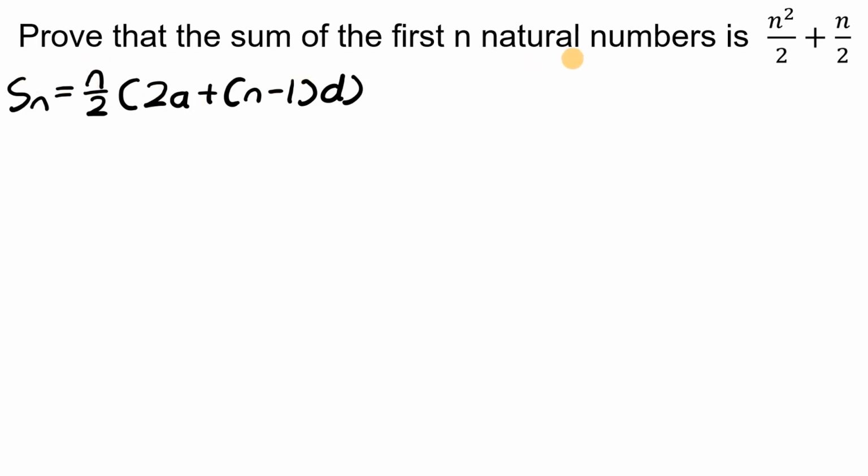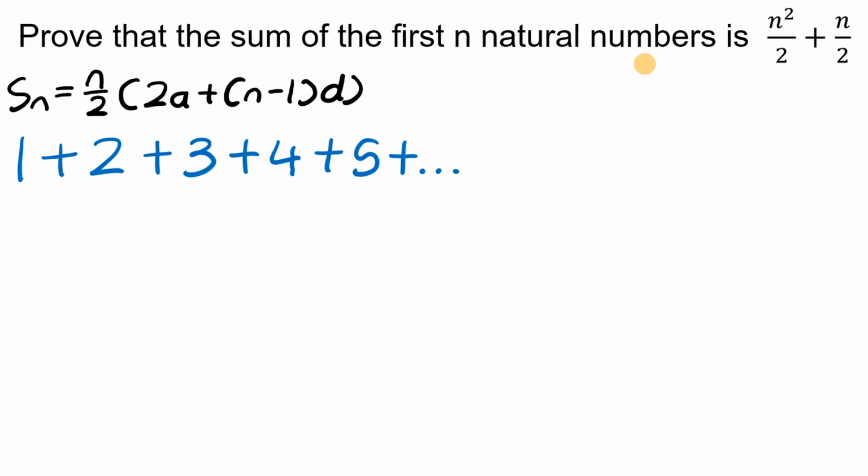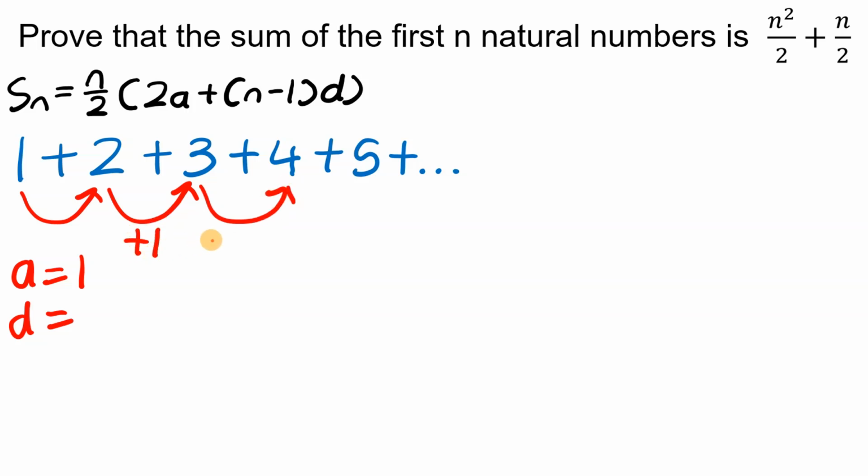Now, the first n natural numbers, if you don't know what a natural number is, the natural numbers are just the positive integers. So the sum of them is just going to be 1 plus 2 plus 3 plus 4 plus 5, like this here. And this is an arithmetic series where a, the first term, is 1, and d, the common difference, is 1, because you can see that each term keeps going up by 1.